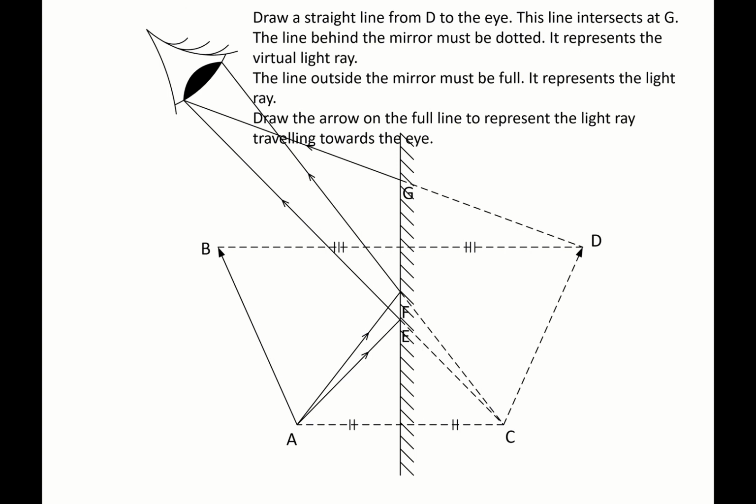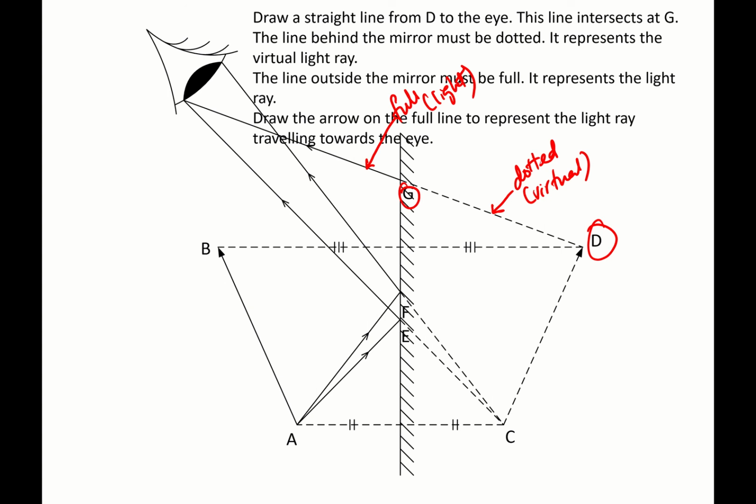After that, draw another straight line from point D to the eye. Point D to the eye, and this line will intersect the mirror at G. Note also that the line behind the mirror must be dotted because it represents a virtual ray, and the line outside the mirror must be full because it represents a light ray.